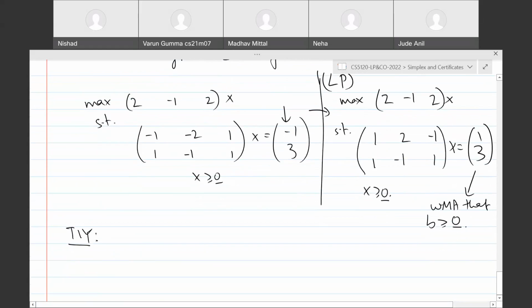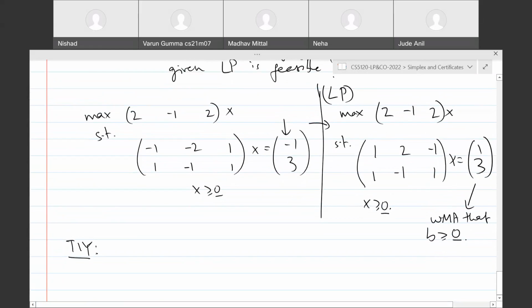What I want you to try is to write down another LP with certain properties, and solving that LP should give us information about the original LP that we are interested in, whether it is feasible or it is infeasible. And if it is feasible, we also want to get a feasible basis by solving the other LP.